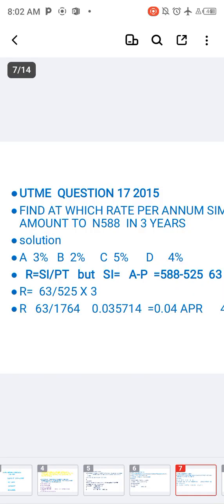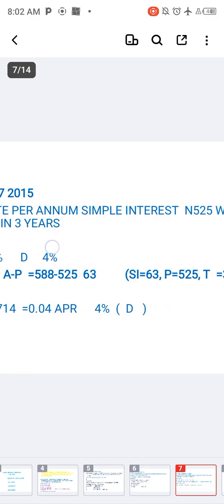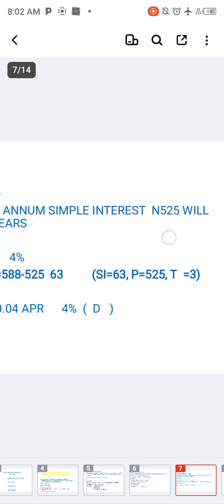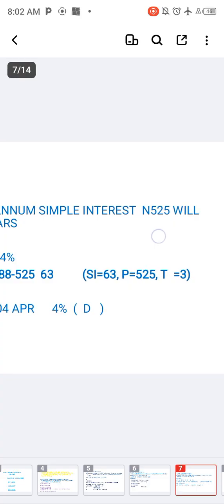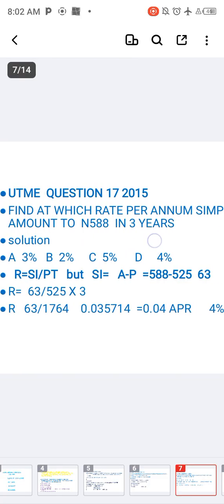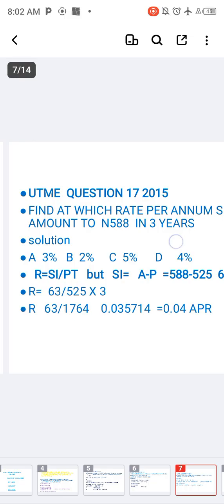The next question is question number 17, 2017, and it reads: find at which rate per annum simple interest on 525 naira will amount to 588 in 3 years.